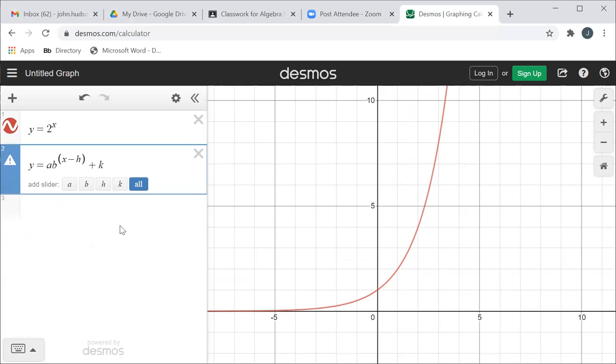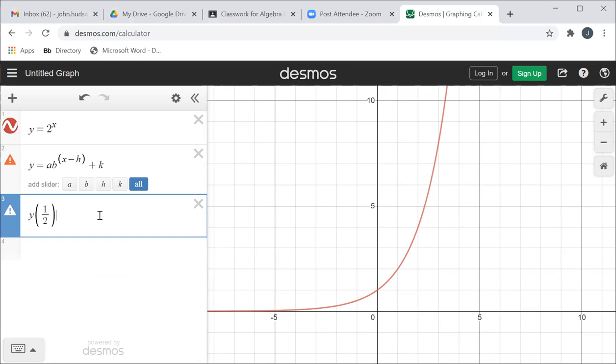Now there are a couple other weird things about the b value. If I take that b value and I make it less than 1, so some kind of fraction like 1/2 raised to the x power, it actually flips it. So having a value between 0 and 1, a basic fraction in here, will actually reverse the graph's direction. So y equals 2 to the x comes this way.